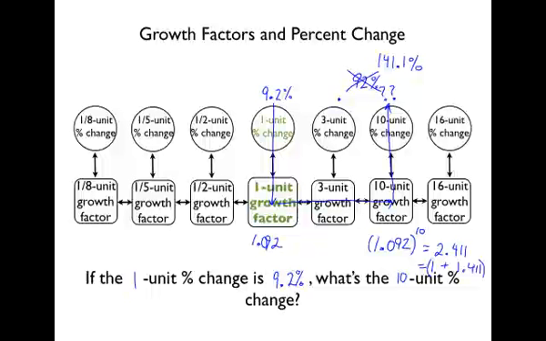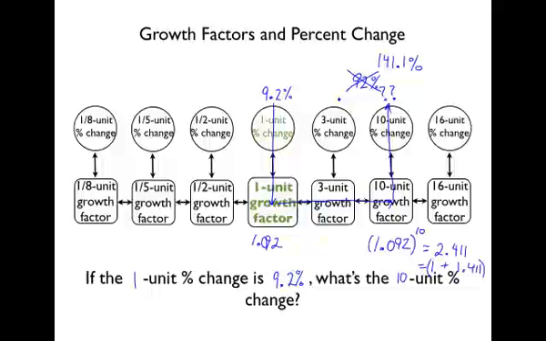Scott, want to give a shot? Yeah, because multiplying it by 10 would take 9.2% of the original value 10 times instead of 9.2% of the previous exponential value. So taking 9.2% of the first value and then repeating that increase. What kind of rate of change would that be? Additive. Right, and we call that constant rate of change.